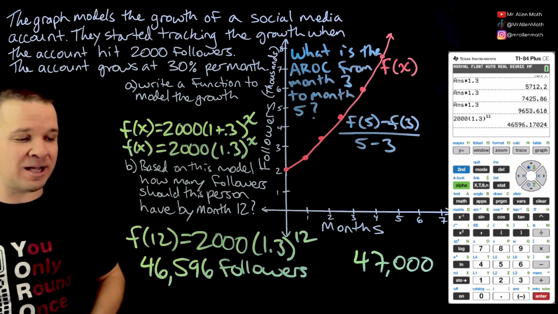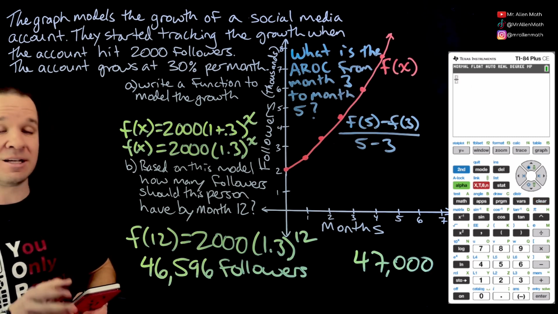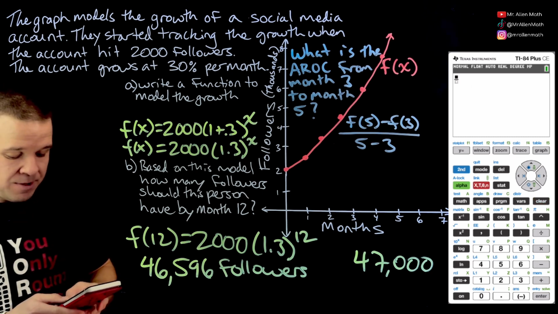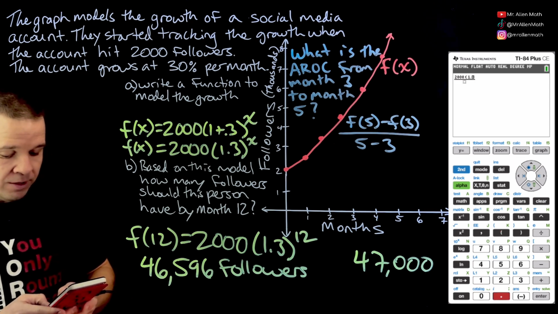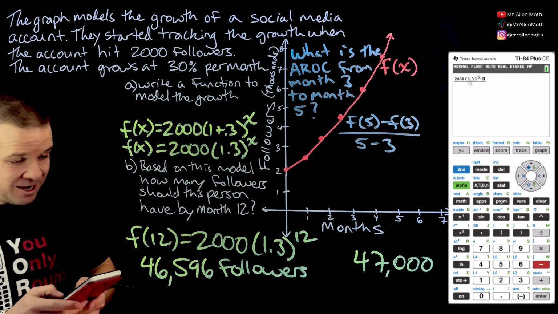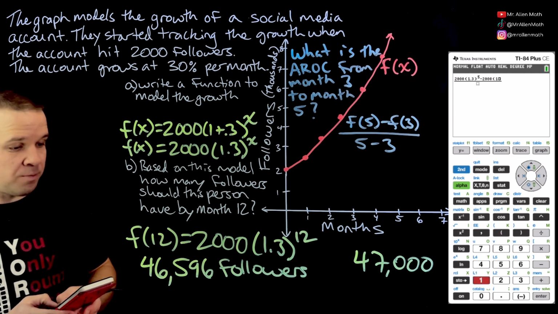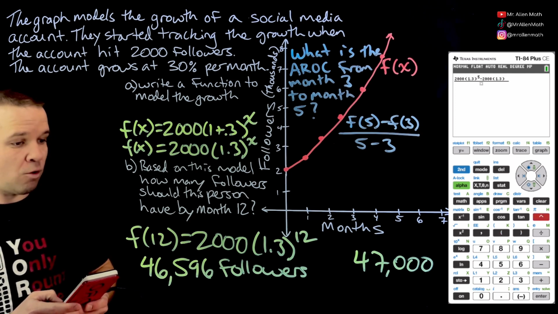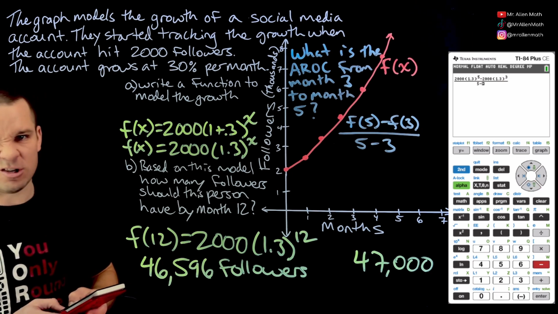Check it out. I can do this all in my calculator all at once. Ready? So we're going to hit alpha x to get a fraction. And I'm going to type in the 2,000 parentheses 1.3, close them, raised to the 5th, minus 2,000 parentheses 1.3, close them, raised to the 3rd, over 5 minus 3, which is just 2, right?